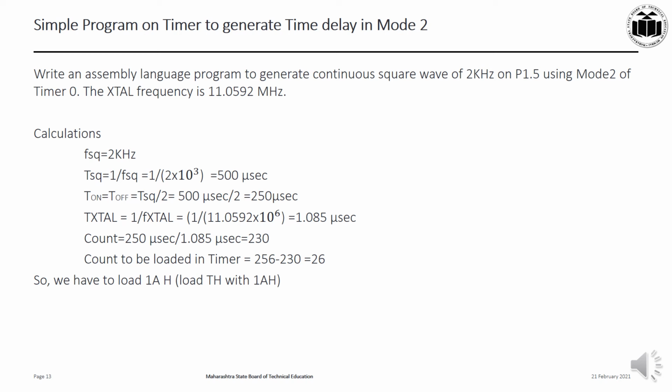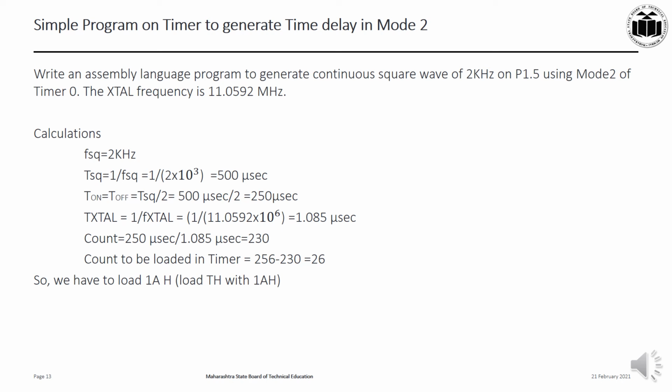For that, we consider that the square wave frequency is 2 kHz and the XTAL frequency is 11.0592 MHz. So T square can be calculated by taking the inverse of F square, which will be equal to 500 microsecond. T on or T off is nothing but half of T square, assuming that the duty cycle is 50%. So T square upon 2 will be equal to 250 microsecond.